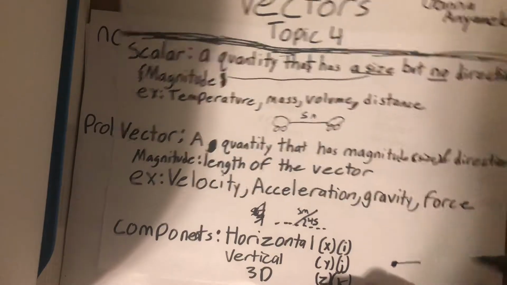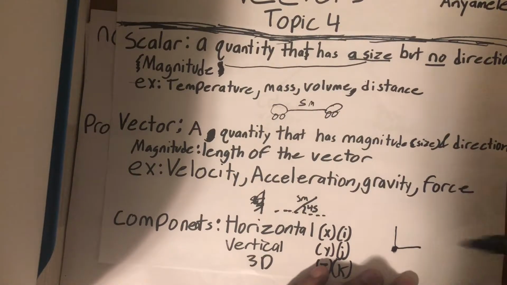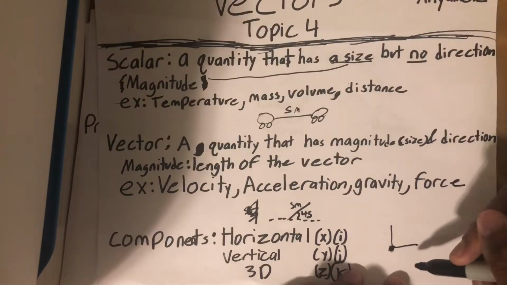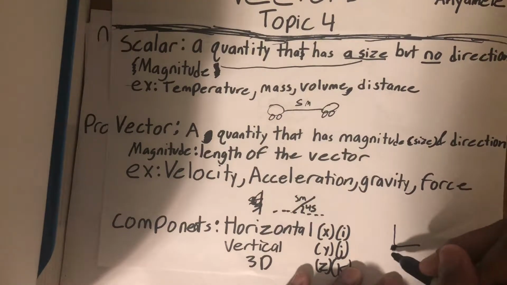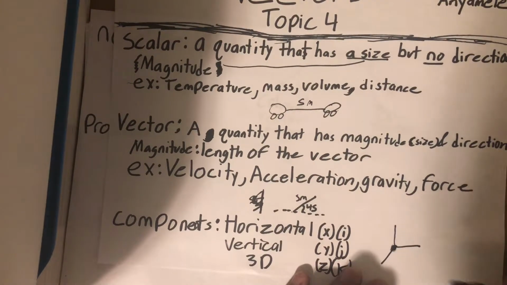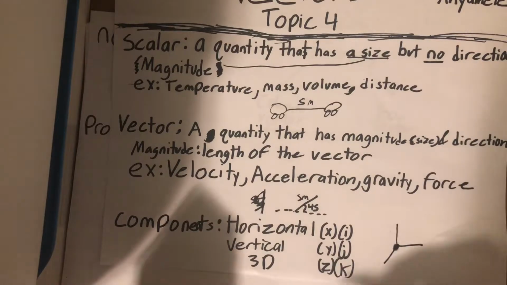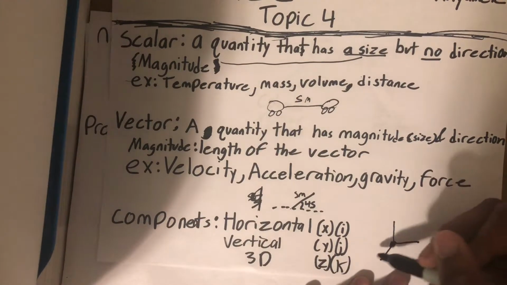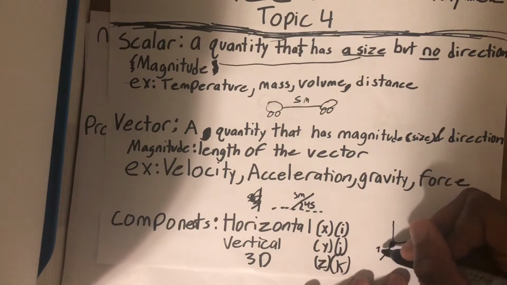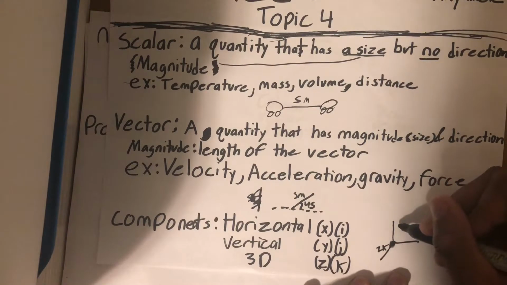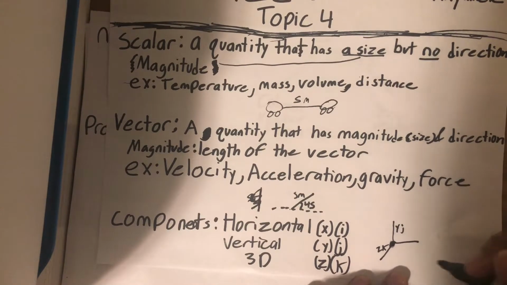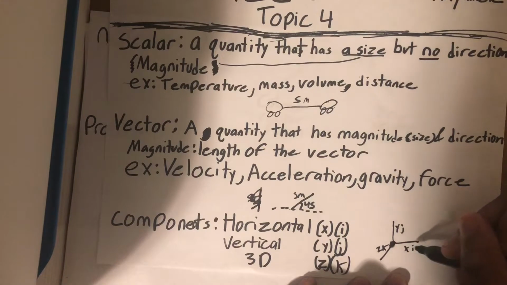Then let's say we go up. That would be the vertical component, either Y or J. And then 3D would be like this. The 3D component is either Z or K. So we have Z or K, Y or J, and then X or I.